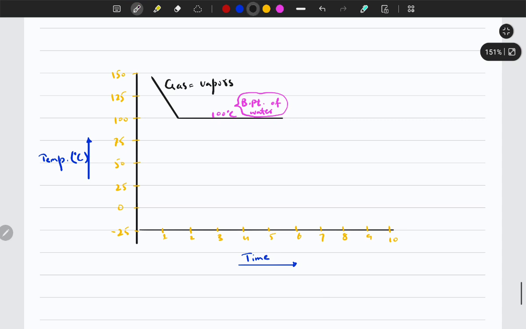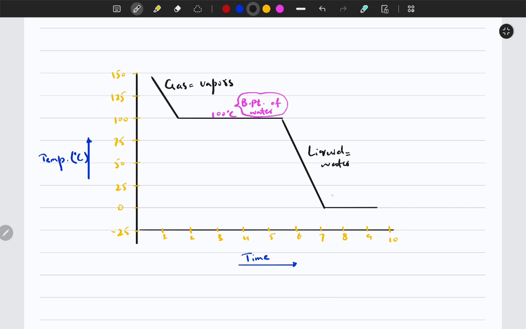So if you further keep cooling it down, then all of it changes into liquid, and the temperature starts dropping again until it gets to 0. At this point, it's liquid, which is basically water, right? Then at 0, it would start forming ice, and it would stay at that temperature until all of the water has been changed into ice.